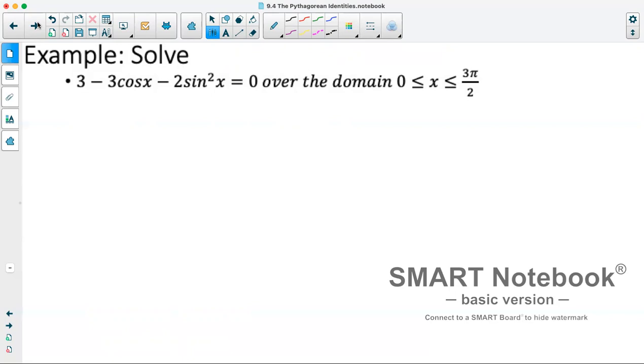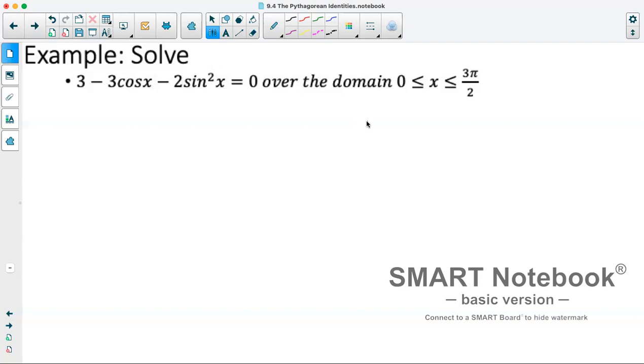Okay, so we can see that we've got two different trig functions here, which is going to make it hard to solve algebraically. So what we'll want to do is convert them all to sine or all to cos. Now, we don't really have an equation right now that's going to change just a cos into something of sine, but we do have one that involves sine squared and has cos in it.